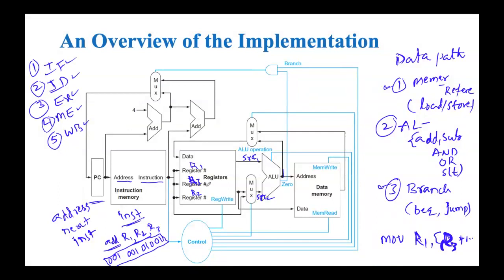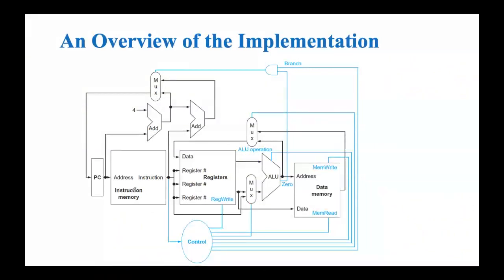As soon as the current instruction is decoded and executed successfully, your program counter will be automatically incremented to the address of your next instruction by adding 4 bytes. So the adder is used here. This is the overall implementation of the data path. Let us see how exactly it happens inside the computer.